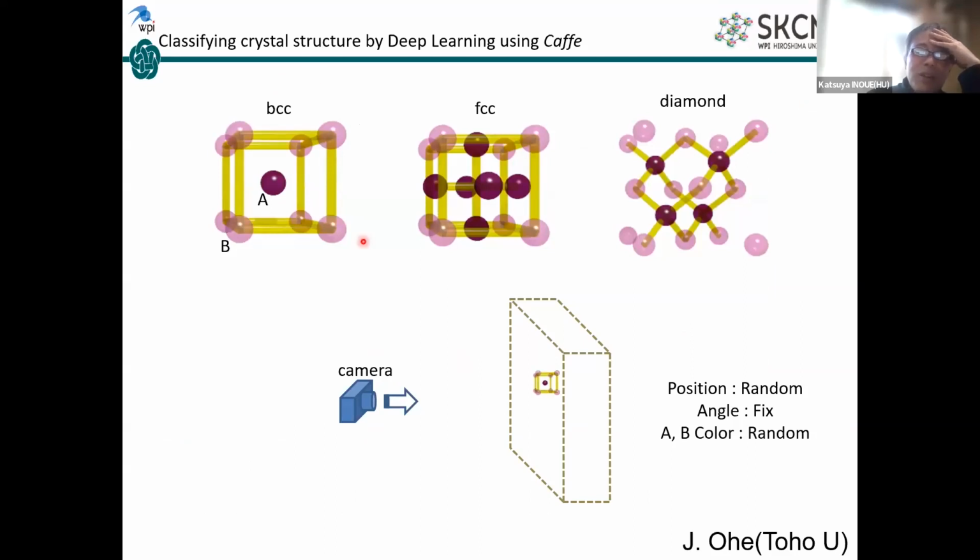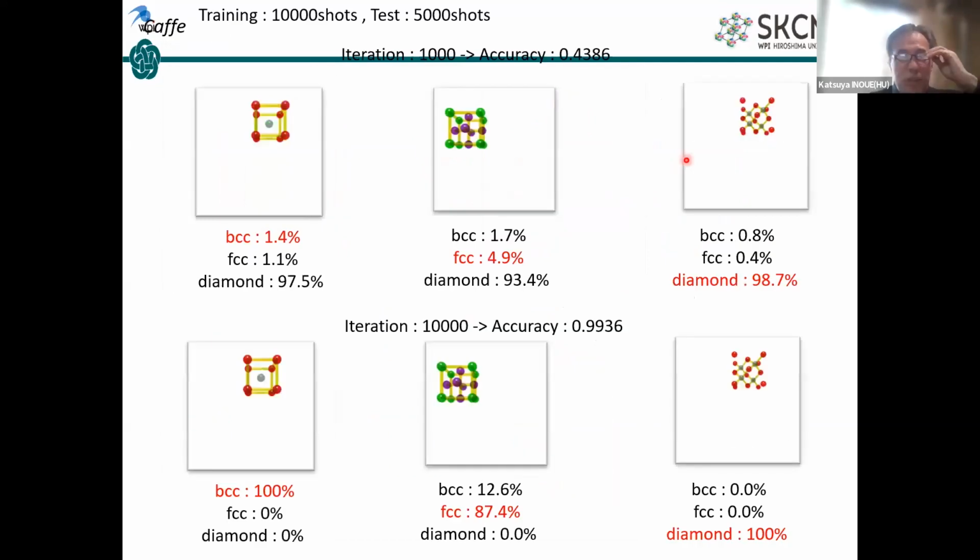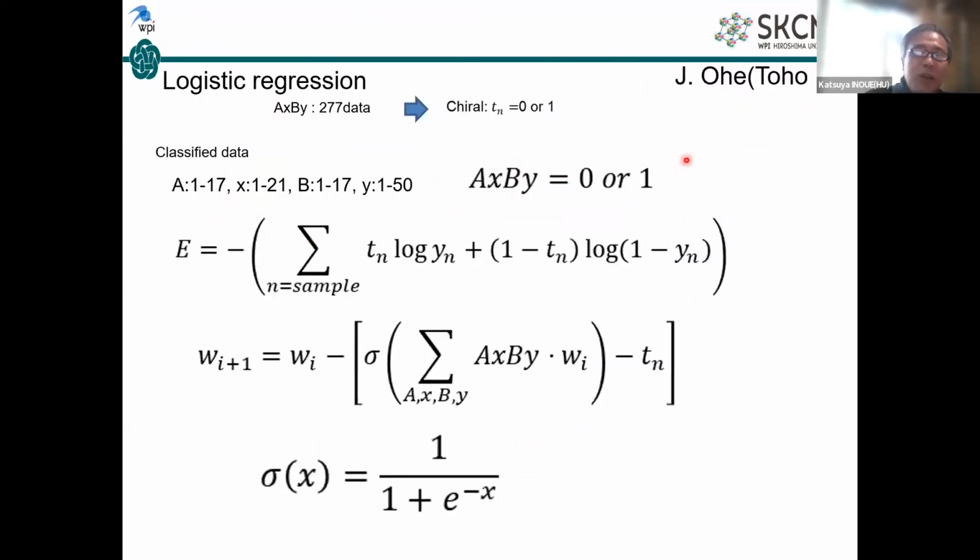Maybe you already know. We get many snapshots of different crystal systems, and then we apply deep learning to the results and the snapshots. We did this kind of thing. How do we evaluate the data?